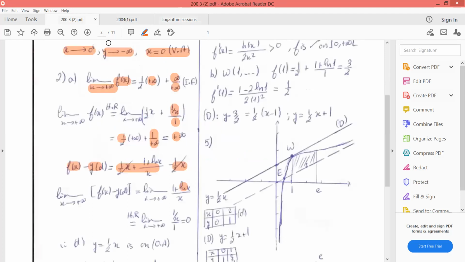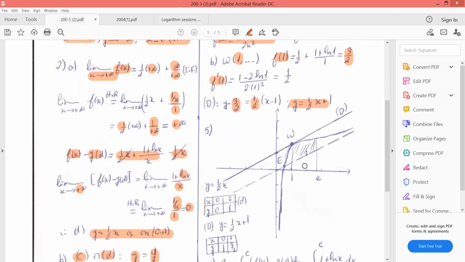In the orthonormal system, small d is y equal half x. I take 2 points: for x equals 0, y equals 0; for x equals 2, y equals 1. This is small d, which is the oblique asymptote.